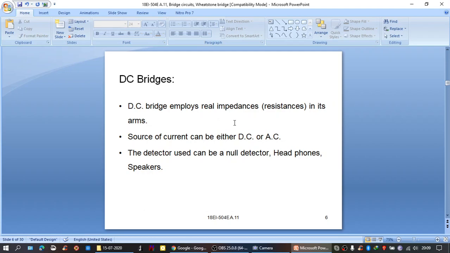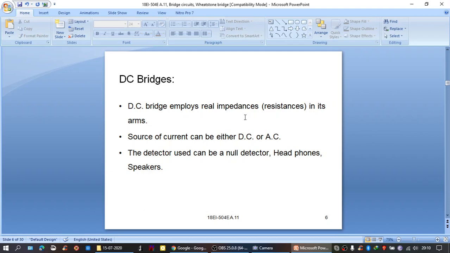Basically, impedance is a complex quantity indicated with the symbol Z, and Z is equal to R plus jX, where R is called the real element, that is resistance, and X is called the imaginary element, that is reactance.